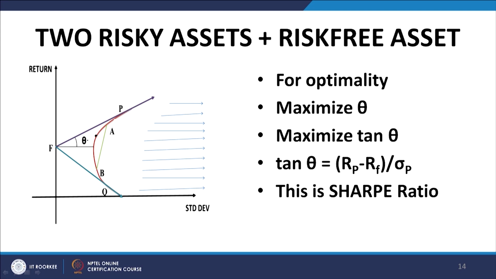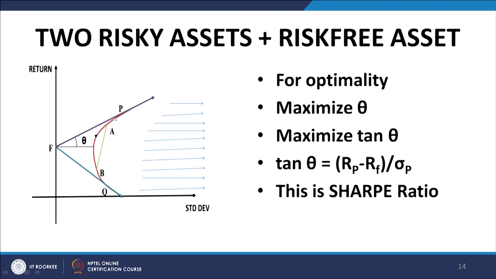What happens if I now add a risk free asset? Let me call this point C. I have identified it arbitrarily and it comprises A and B.